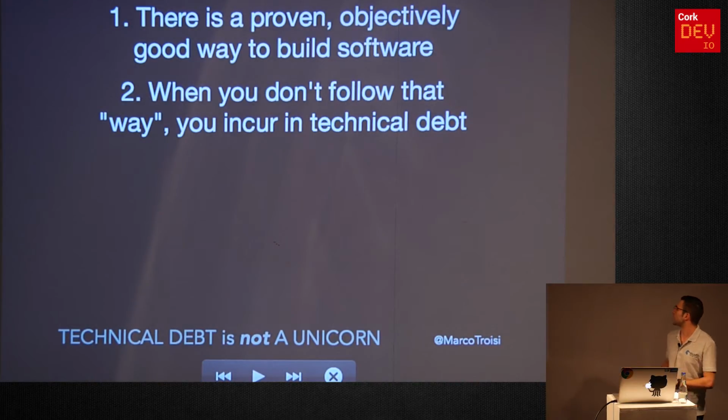Point number 2 is that when you don't follow that way, you incur technical debt. So there is a good way of building software. You could use different approaches, like I said, but you have to fall into the commonly accepted best practices of building good software. When you don't follow that way, everything that falls on the bad side is software that carries some form of technical debt.